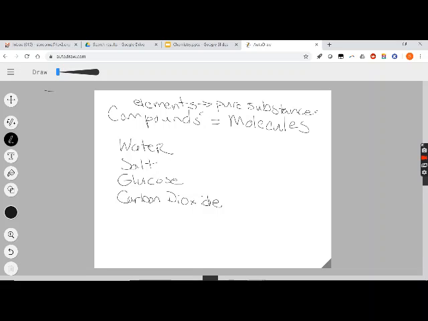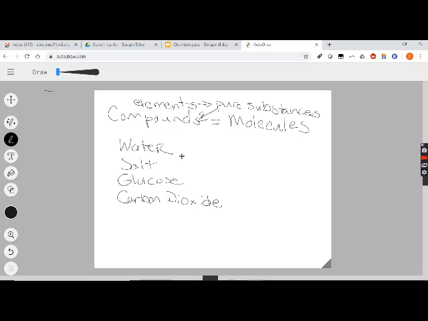So the stuff that you drink, the stuff that you put on your French fries, what you eat when you eat a plant, and the things that you breathe out are made of elements, and these compounds are pure substances.